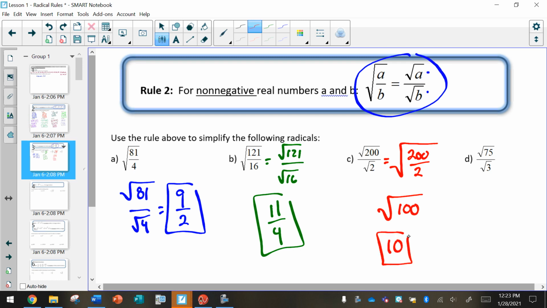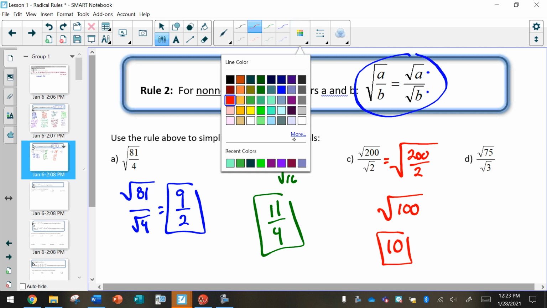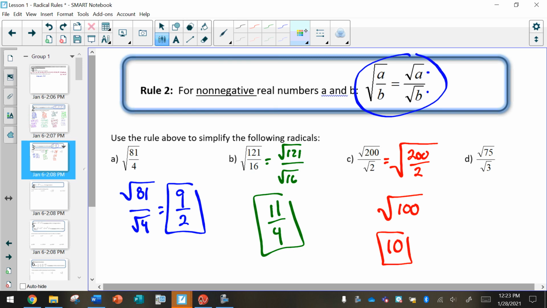And of course, there are sometimes where neither one of these is going to lead you to a perfect answer. But it's all about knowing the rules and being able to use them based on the situation that you have. So this one, if I did 75 divided by 3, I recognize that I would get a perfect square of 25, so I can just do that, so the final answer just simplifies to be 5.